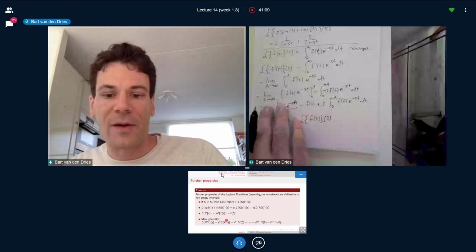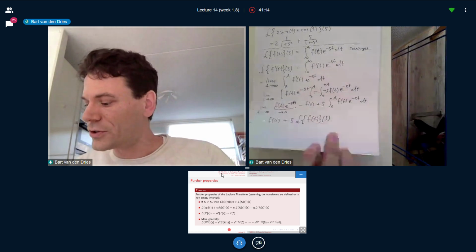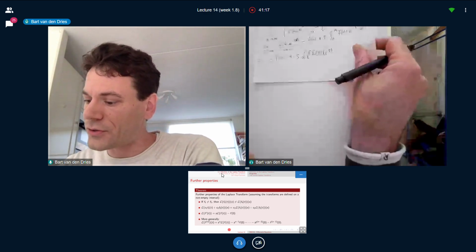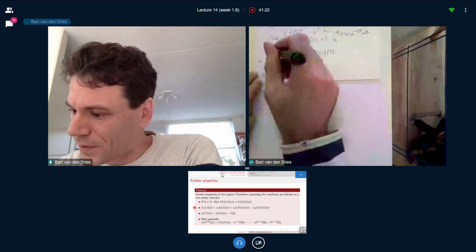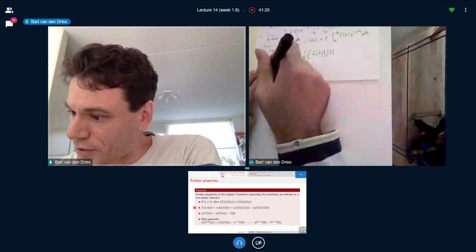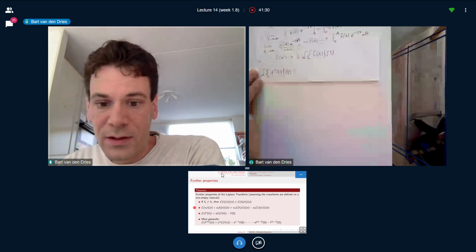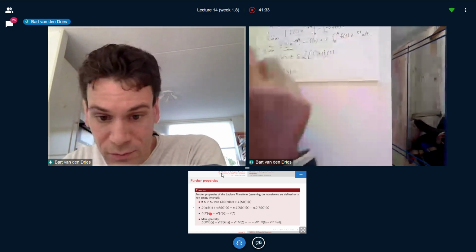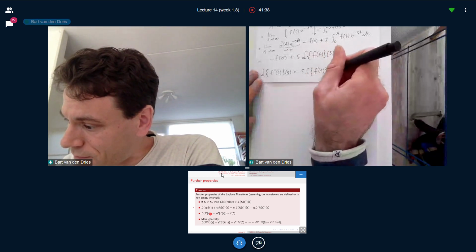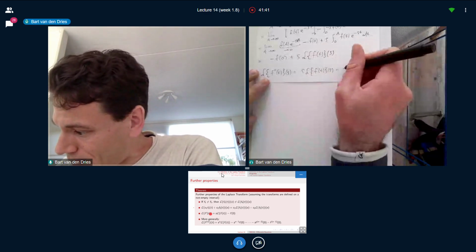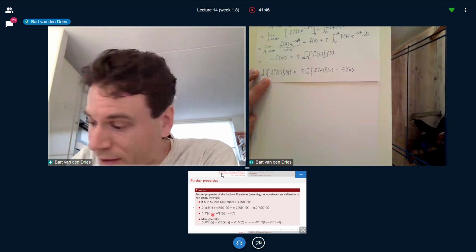So how do you prove something like this? Well, you can just do it inductively, really. I can just use the rule above repeatedly. For example, f double prime of t at s. According to the rule here, it's s times the Laplace transform of f prime at s, minus f prime at 0. So I apply this rule with f prime instead of f.